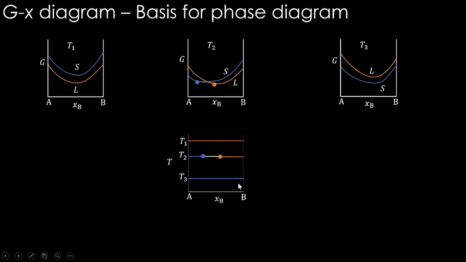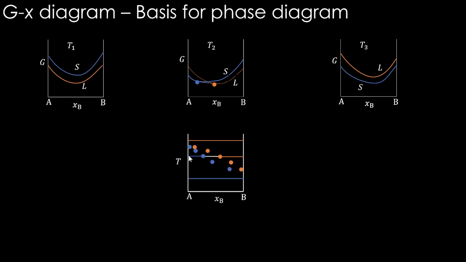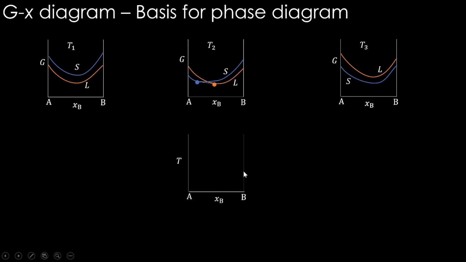Now what if we refine these temperature intervals and go for many temperature points here and see how the Gibbs energy curve looks? Possibly there are more intersecting curves like this near this temperature, and they all will give us multiple points like this, right? So these are the tie lines, the two-phase information. Okay. If we connect all the orange dots and blue dots with lines, we will see an isomorphous phase diagram evolving.